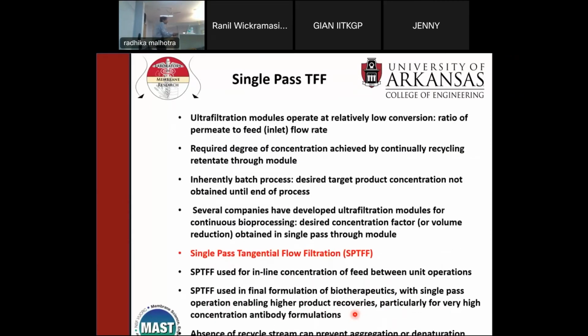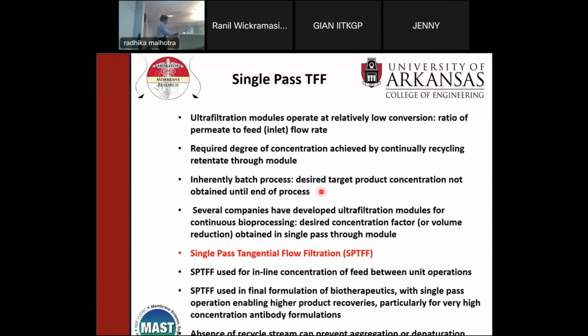Okay, ultrafiltration modules, we're still talking about single pass tangential flow filtration. Ultrafiltration modules operate at relatively low conversion ratio of permeate to feed inlet flow rate. Required degree of concentration is achieved by continually recycling the retentate through the module, right? Each pass, what you take out is relatively little. What you end up doing is recycling a lot, right?